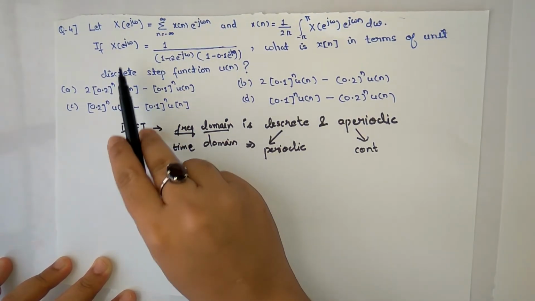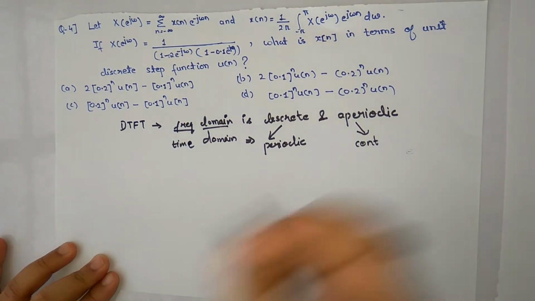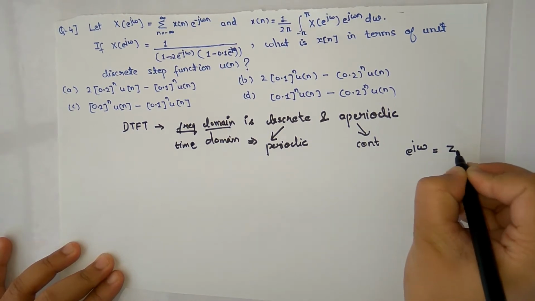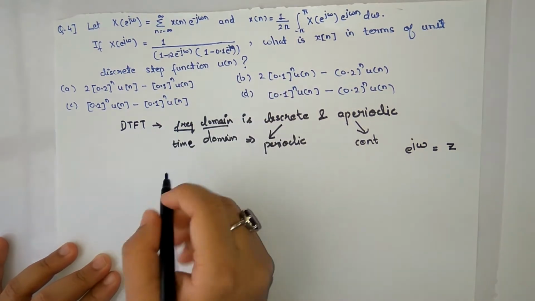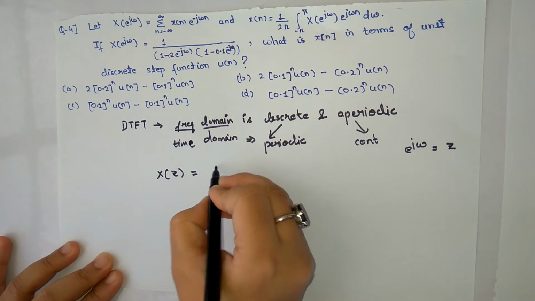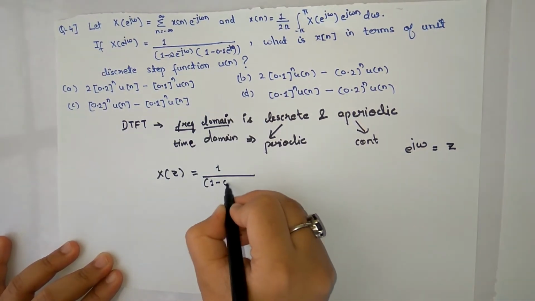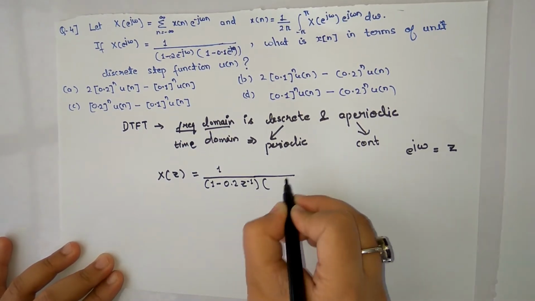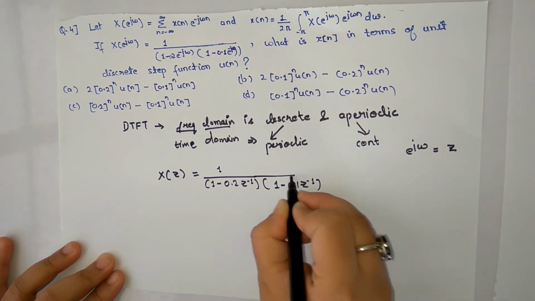So we need to find the inverse DTFT of X(e^{jω}). What is e^{jω}? e^{jω} is nothing but z in z transform. So to make it easier, we can do the conversion. We can write it as X(z) equals 1 upon (1 minus 0.2 z inverse) into (1 minus 0.1 z inverse).